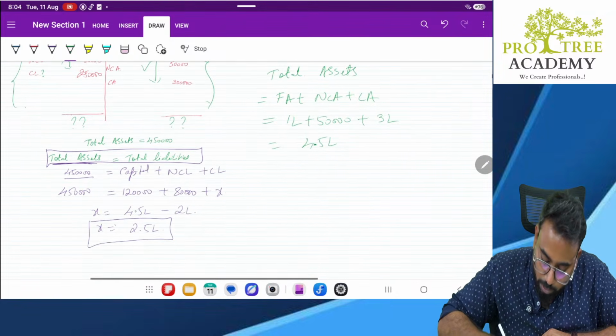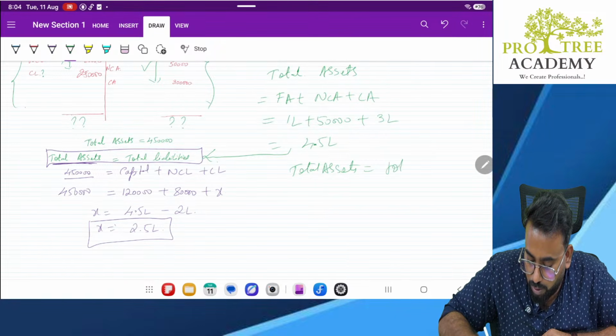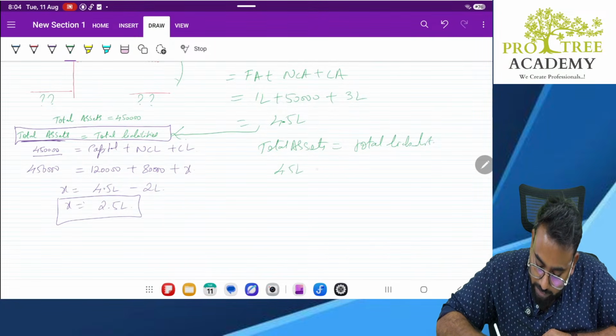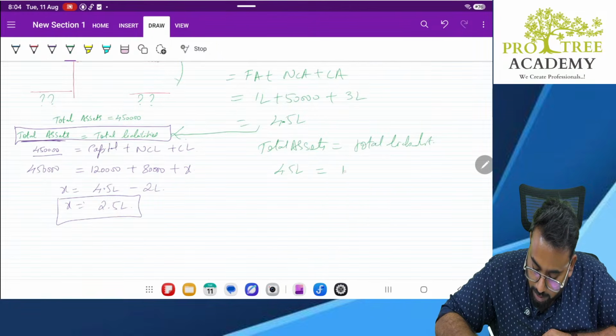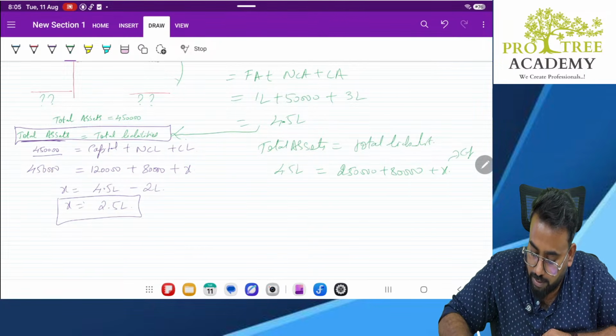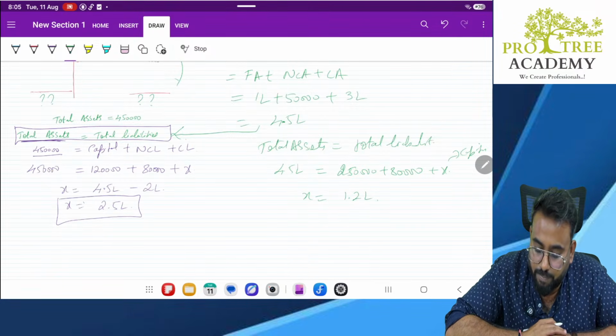Now use the same equation: total assets is equal to total liabilities. What is total assets? 4.5 lakh. What is total liability? Sir, total liability is 2,50,000 plus 80,000 plus X. X is capital this time. So X is equal to 1.2 lakhs.